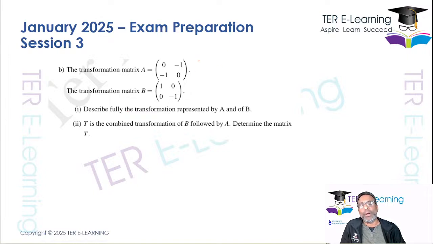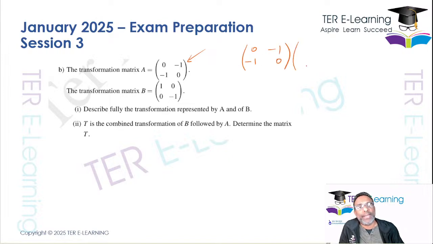Now, remember, some students learn up the transformations, some don't. What you can do in this instance is this: we have this matrix here, which is given by 0, minus 1, minus 1, 0.